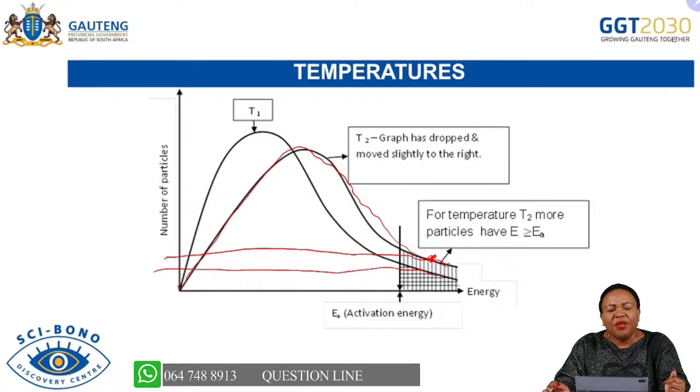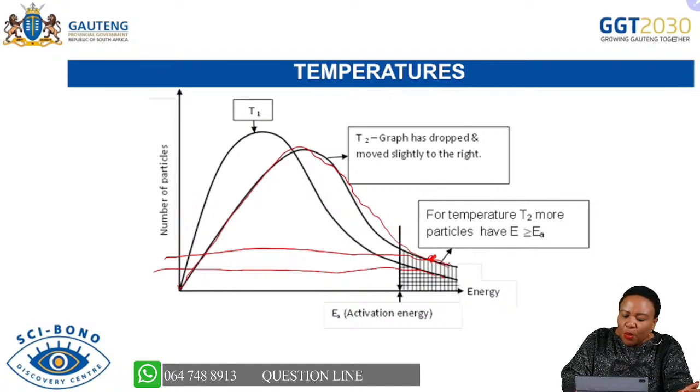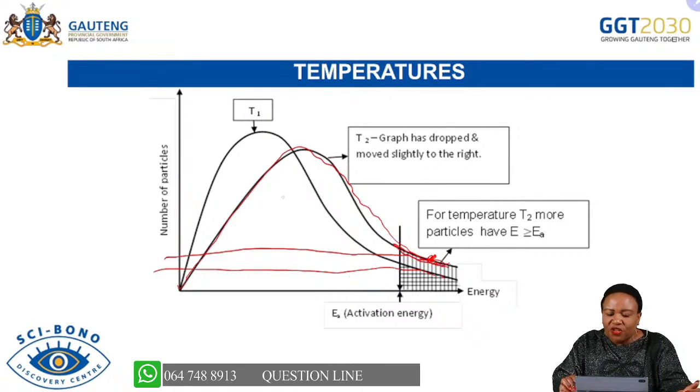And we know why. Remember, in terms of increasing the temperature, we know that we are increasing the energy of the particles. Therefore, there will be more particles with sufficient energy to collide, to have sufficient effective collision. Therefore, you'll see that there will be more particles on the second graph, and the graph will move slightly to the right.